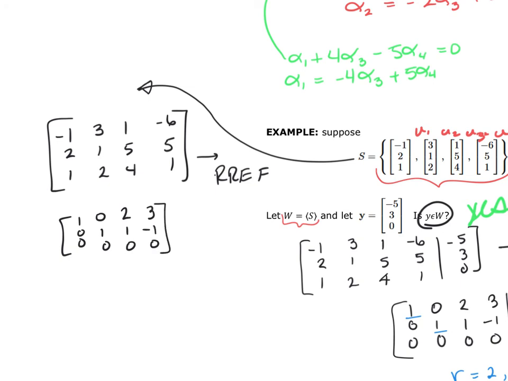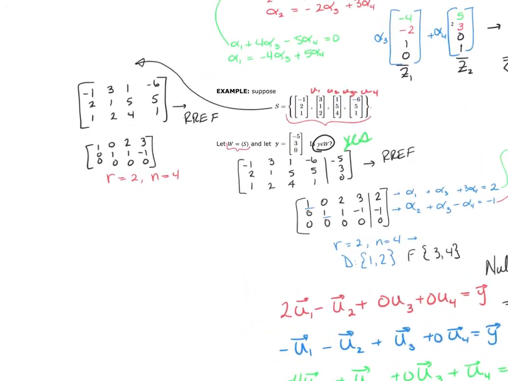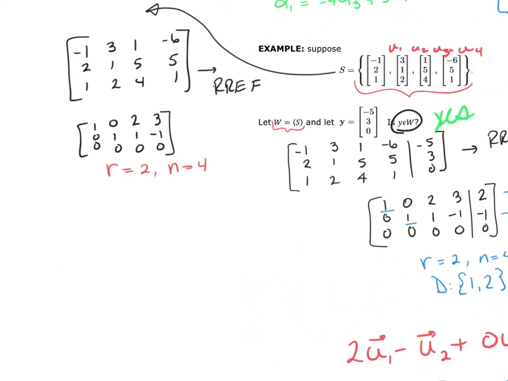Now, as before, my pivots are 2, my columns are 4. So again, what I know is that my D is going to be column 1 and column 2. My F is going to be column 3, column 4.